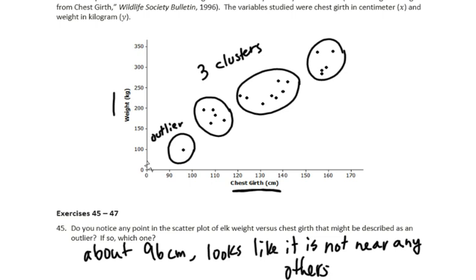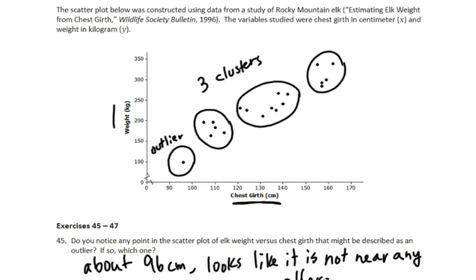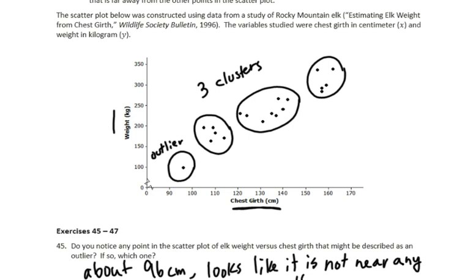Now I know looking at this and coming up with a reason why is probably a little challenging. These three groups might be like the biggest group up here. They weigh the most, they're the biggest size. These might be like male elk. And the middle group here, they're bigger than the other group, but they're smaller than males.